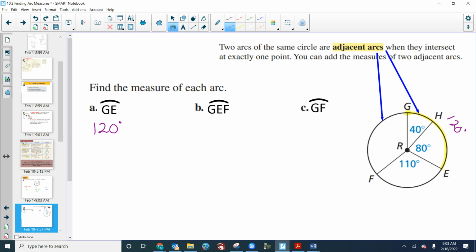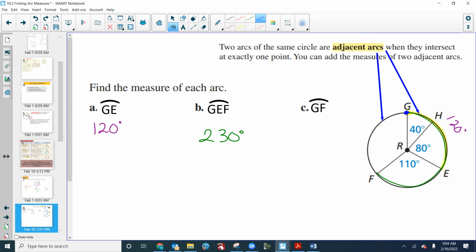All right, GEF. Ella, what'd you get for that one? 230 degrees. You guys get 230 degrees? It's 120 to E, and then 110 more. So 230 degrees. How about arc GF?